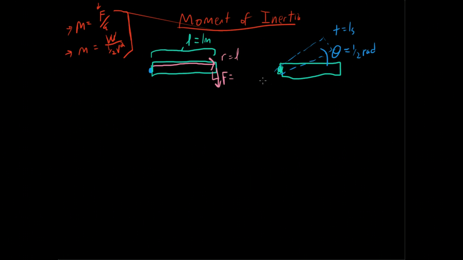Now, what we're really trying to get at here is, what is the property that governs how hard it is for us to twist this door? And actually, I did this the wrong way. This doesn't make any sense. Let me quickly correct this. And we'll have a force going this way. So the force is going this way, and it's going to cause the door to twist.